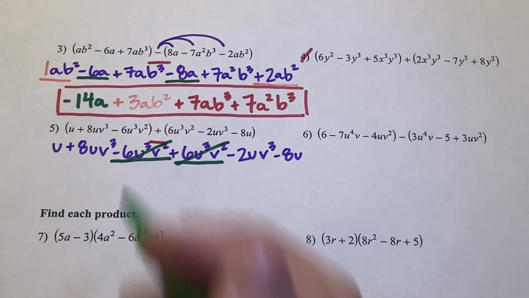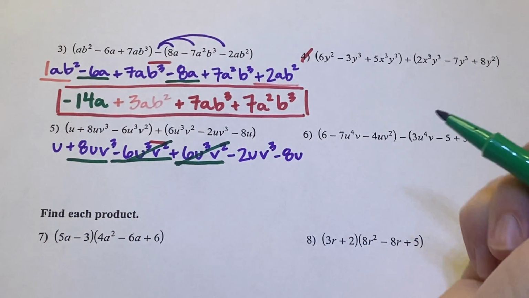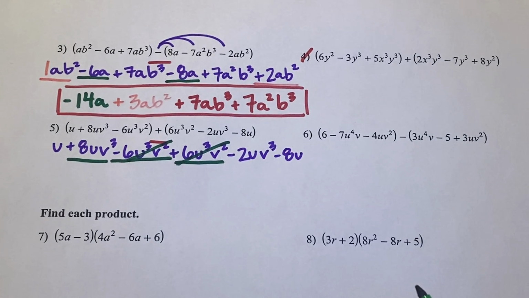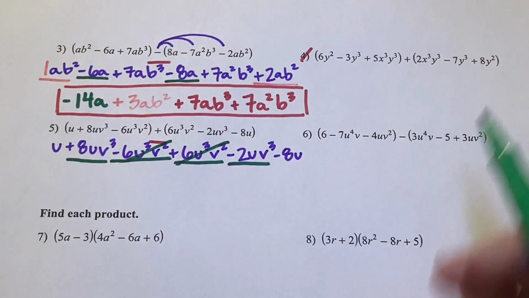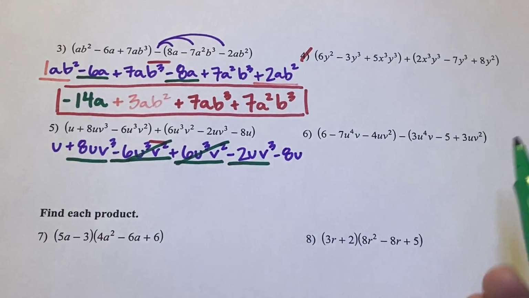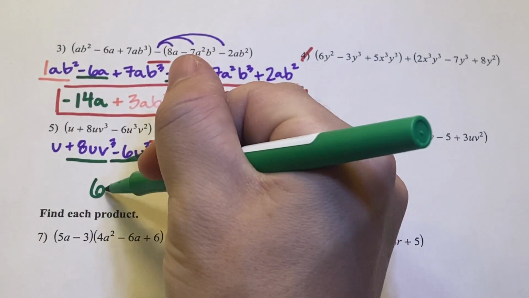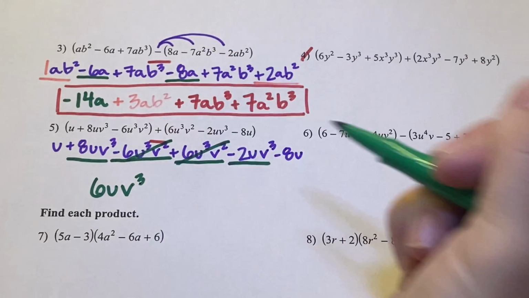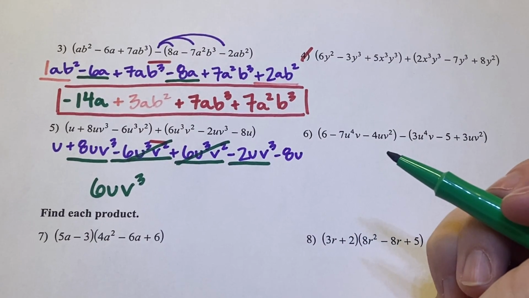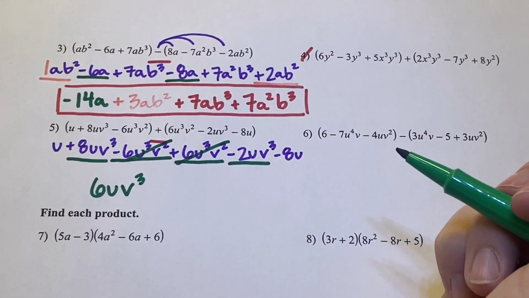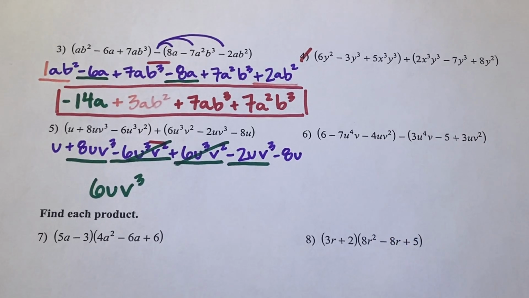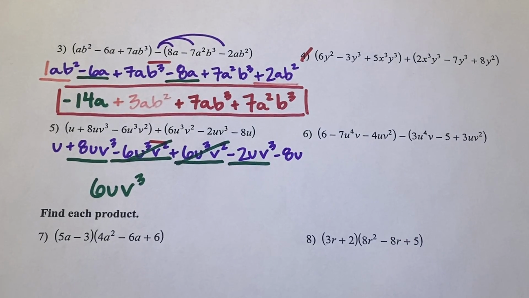UV cubed. Beautiful, Eli. I can combine 8uv cubed with, where's my other uv cubed? Negative 2. Nice. So what is 8 minus 2? 6. So I have 6uv cubed. And then you do the u at the beginning and the negative 8 and just put 1 in front of the u.